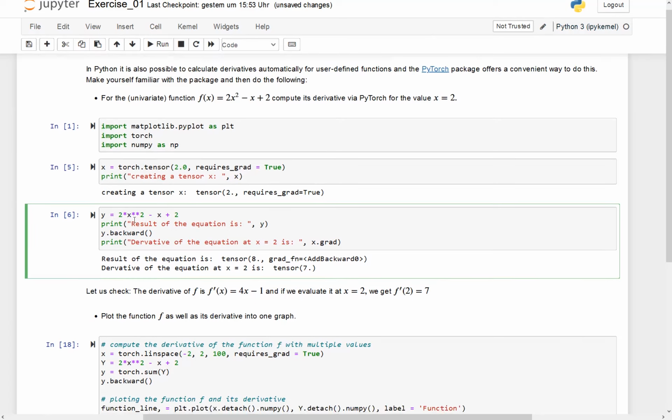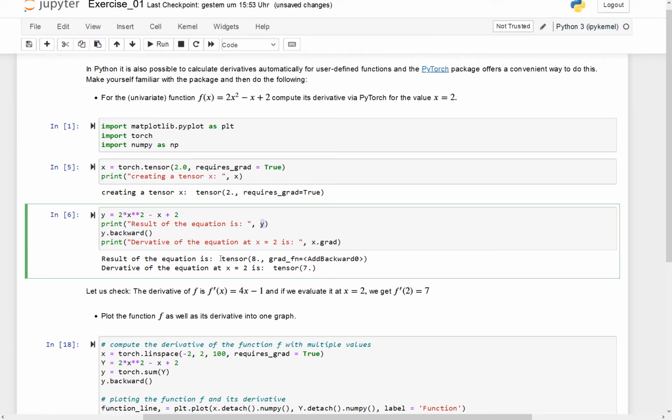What will happen is, if we look at the y, we get again a tensor. We started with a tensor and made some manipulation of the tensor in the typical mathematical way for Python, and we still get a tensor.